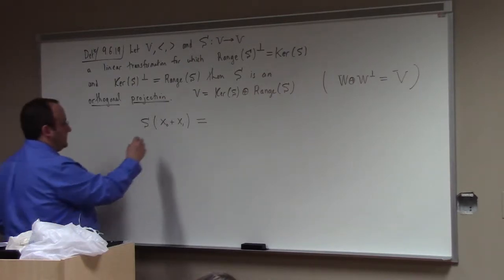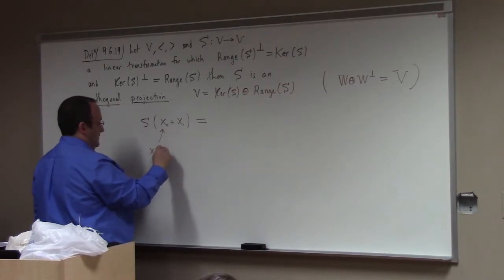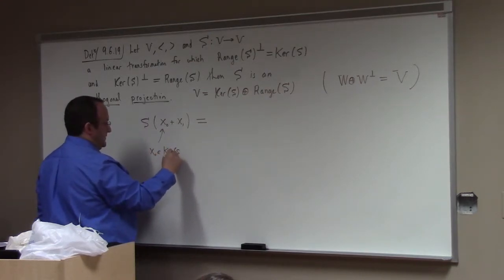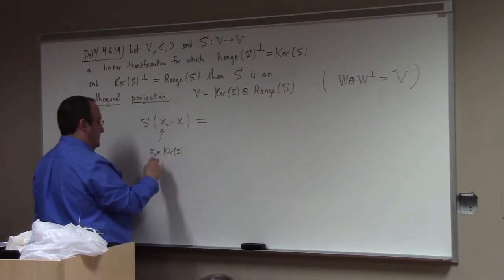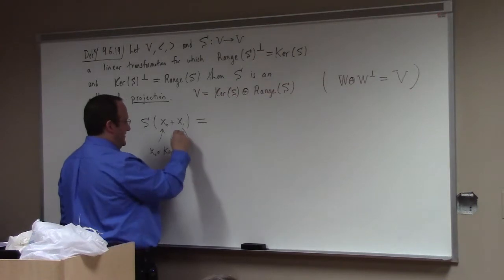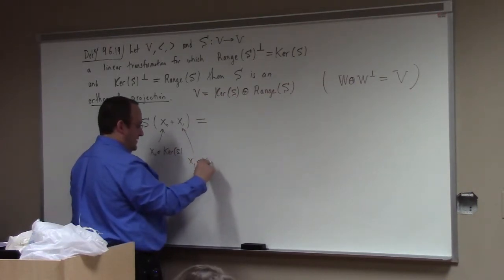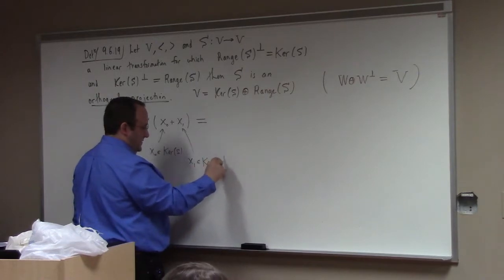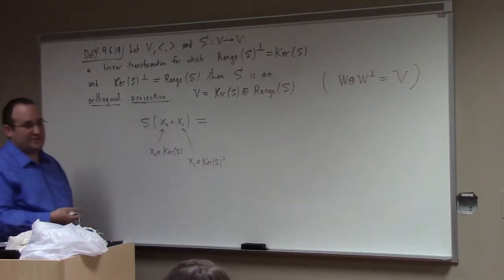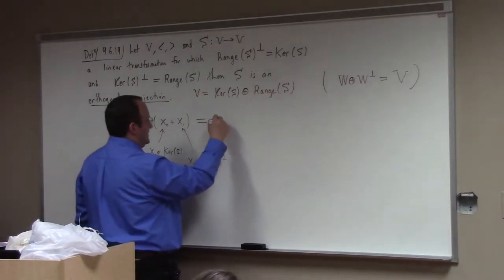Here, I'm supposing x naught is in the kernel of S, and well then it's clear what this is, right? If x naught is in the kernel of S, what happens here? What does the kernel mean? It gets sent to 0, right? So the formula is what? S of this sum is just equal to x1.